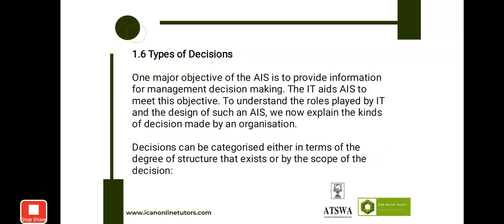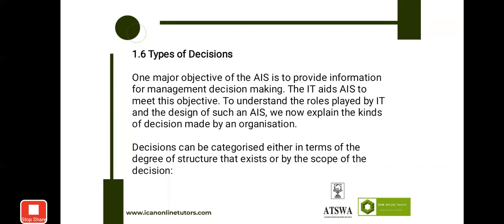So, types of decisions. Of course, in an accounting information system, information itself is prepared so as to enable stakeholders, management, and other concerned persons to be able to make useful and informed decisions. So what are those types of decisions that will be made via the information that has been processed?